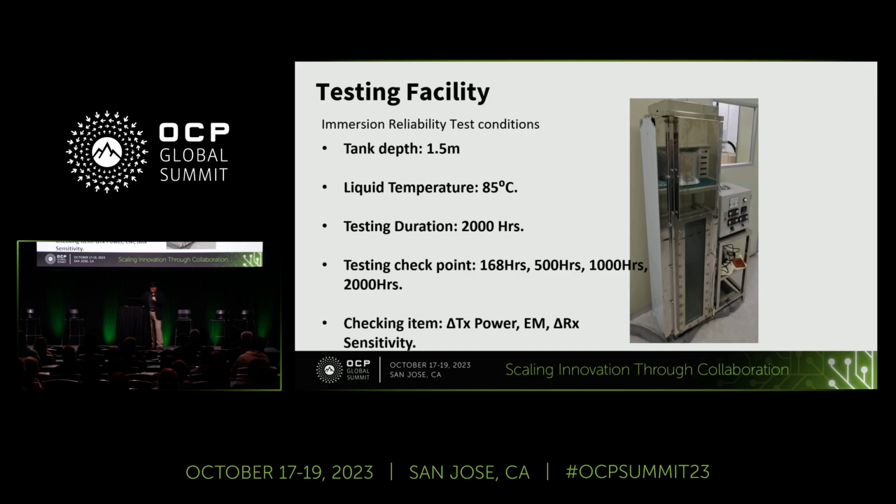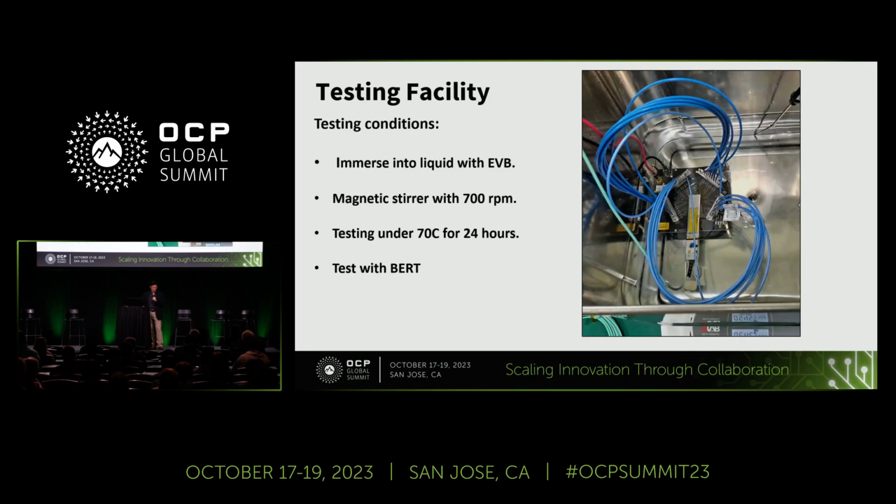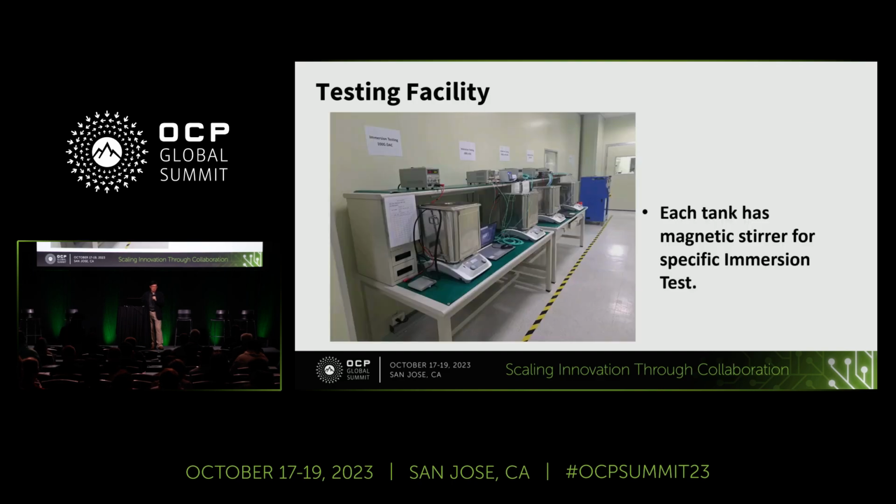And we measured the transmit power, receiver sensitivity, and margin. And there's another version of the test setup. So we have multiple testing methodologies and setups ongoing at the same time. This one is testing with BERT, right?